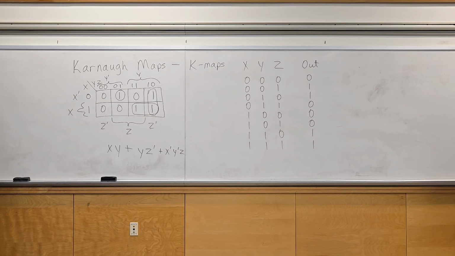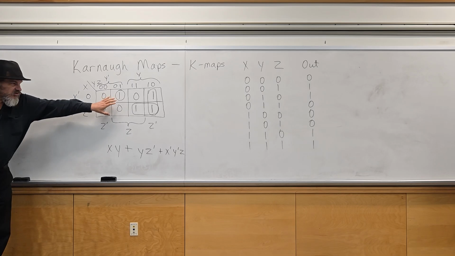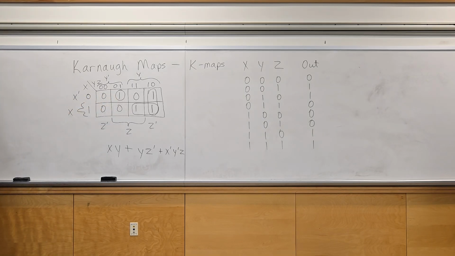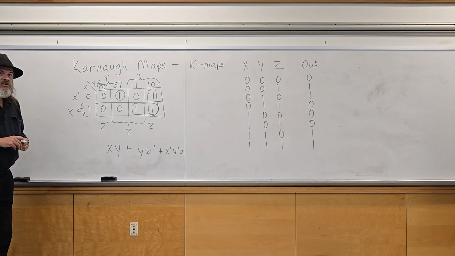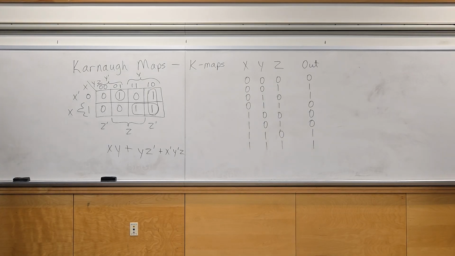And then a group of eight just has a one. If it's all ones, then the output is going to be a one regardless of what the variables are. Yes, for a three variable K-map, a group of four would be one term, yes.